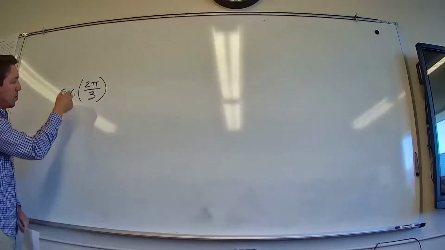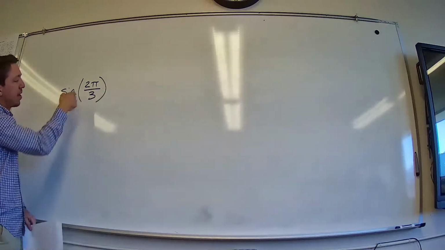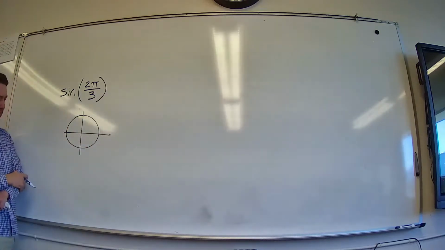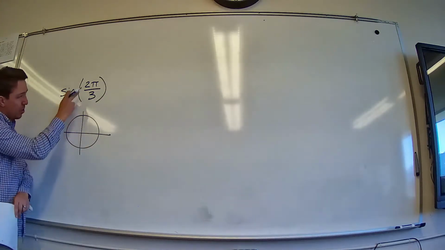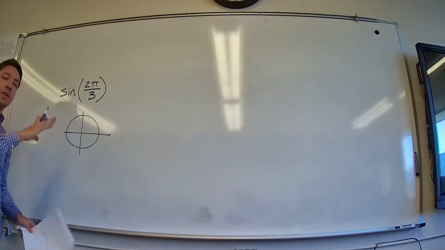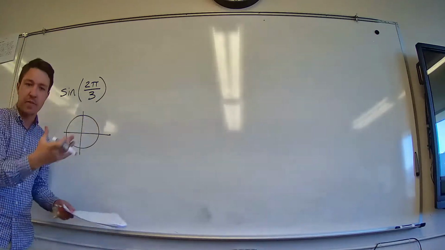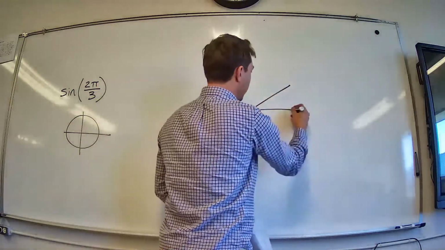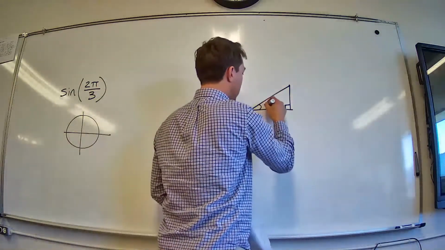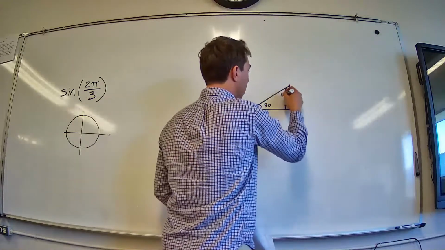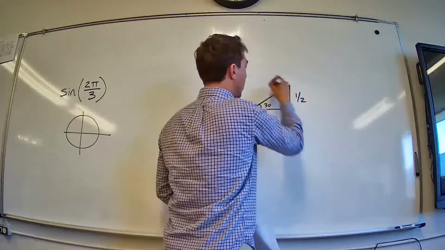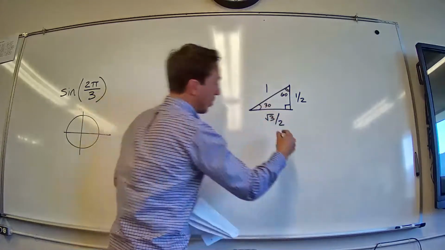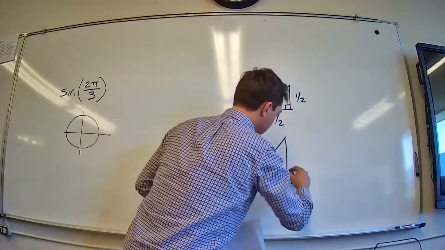But anyway, the first question you'd ask is, where is 2 pi over 3? Top left quadrant. Yeah, so it's 2/3. There is a collection of things you have to pretty much have memorized, which I'll quickly jot down over here. You got to know the proportions of a 30, 60, 90. You got to know the proportions of a 45, 45, 90.